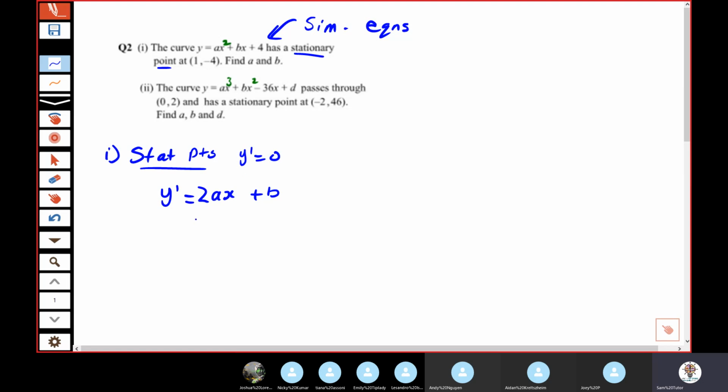What does y dash equal to? 0. Yeah, you guys got it right today. The ones that did it at home wrote negative 4. What does negative 4 stand for? y, not y dash. Don't mix up the letters. y dash is equal to 0. There's equation 1.